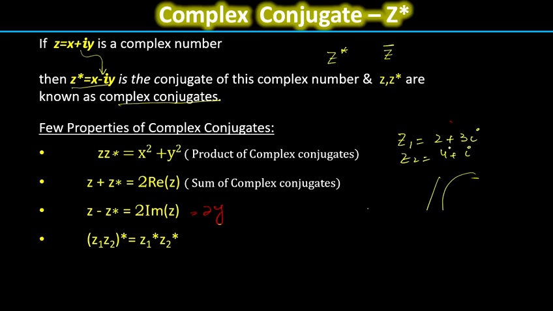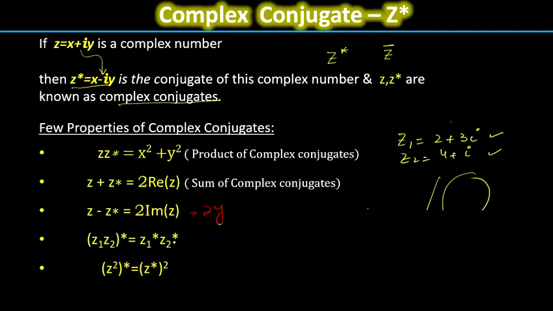Now multiply these two and find the conjugate. Then first find the conjugates, then multiply, and you see both results are equal. Learn these properties, make a summary of these points. You must have a notebook with you. Write down these features, these properties of complex conjugates.